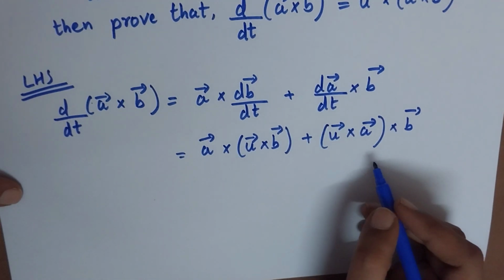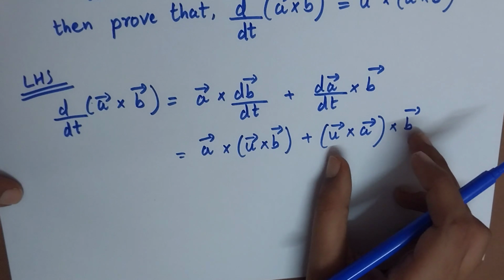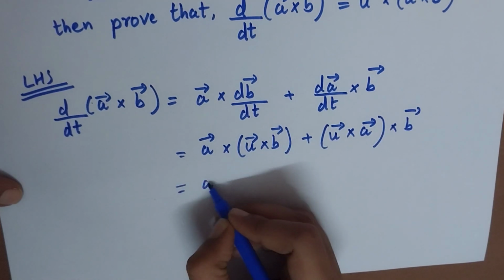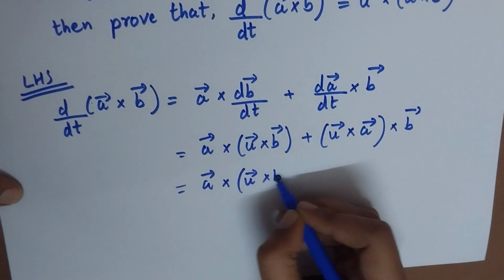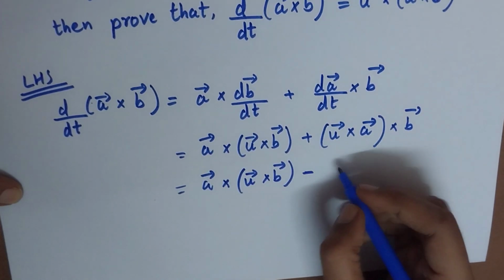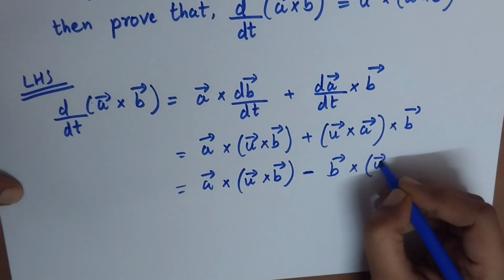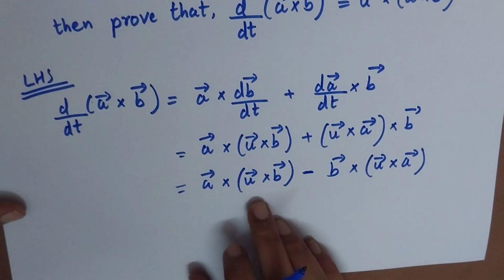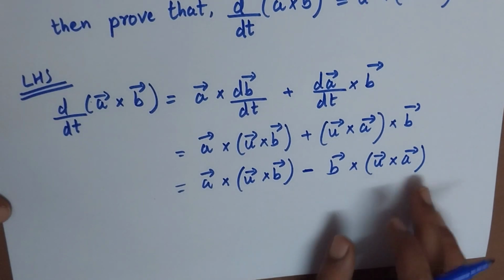Now for my easiness I am going to interchange these two vectors. So you will get a cross (u cross b) minus b cross (u cross a). Now this is in the form a cross (b cross c). We have learned this formula in our previous videos, so we can expand using that formula.